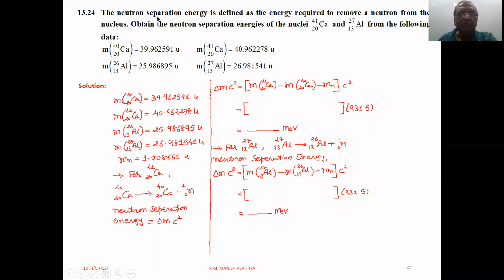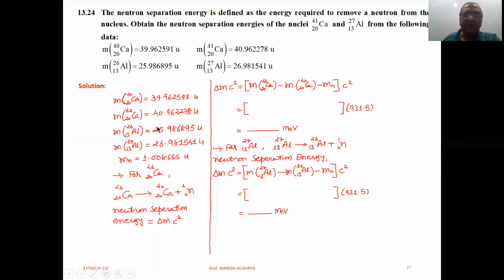13.24. The neutron separation energy is defined as the energy required to remove a neutron from the nucleus. Obtain the neutron separation energies of nuclei 20Ca41 and 13Al27 from the following data. Now, atomic mass for Ca, atomic mass for Al, then atomic mass for 20Ca41 and atomic mass of 13Al27, all are given to you.